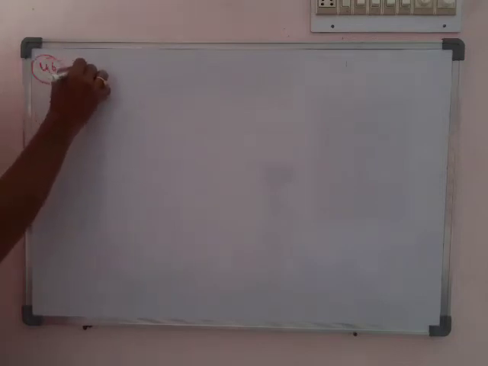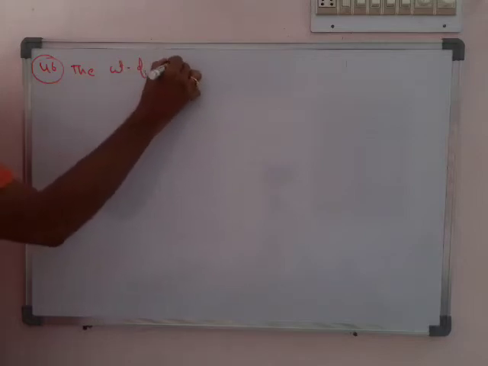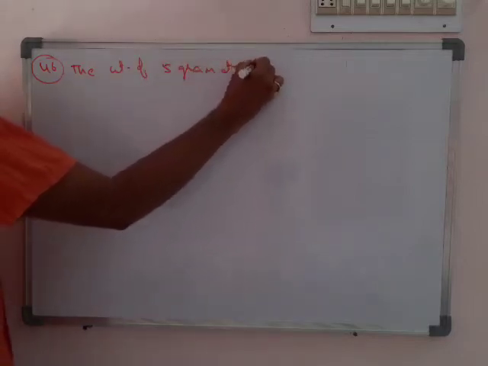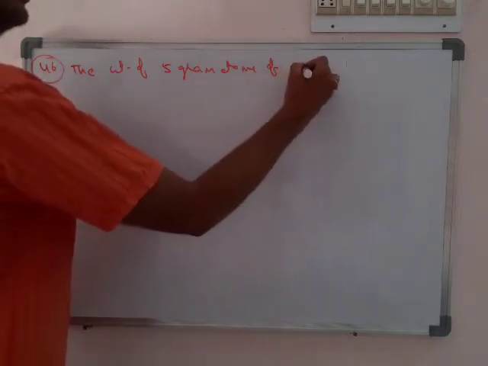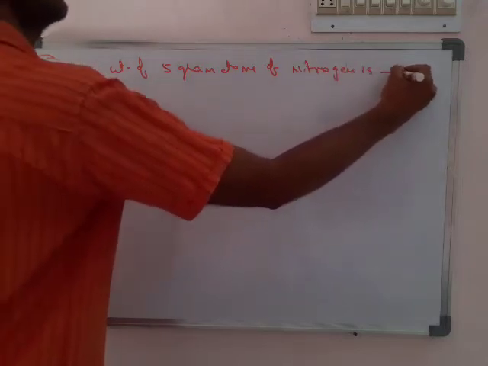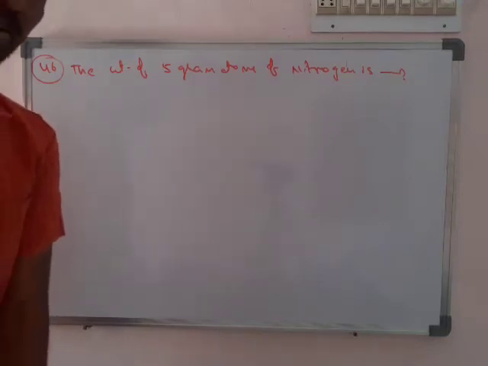So what is the weight of 5 gram atoms of nitrogen? So 5 gram atoms means 5 atomic weights.